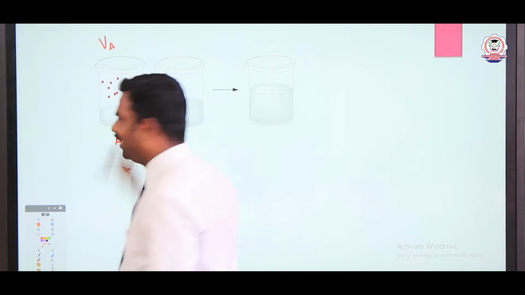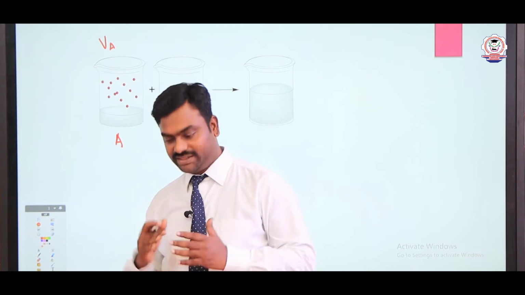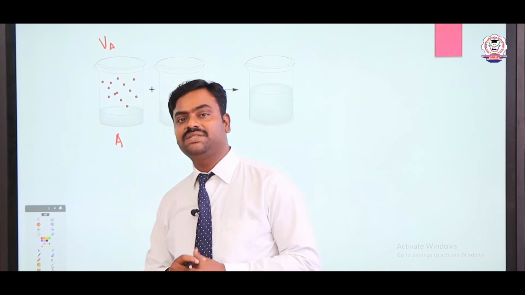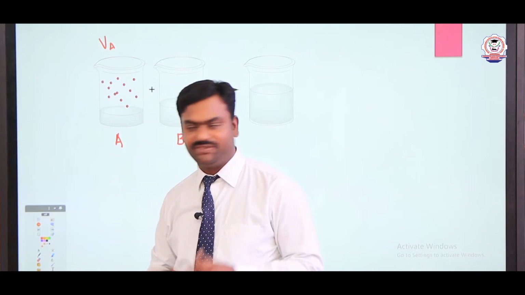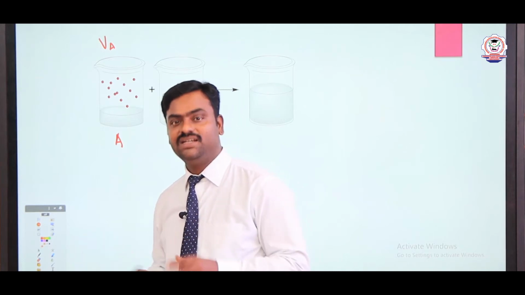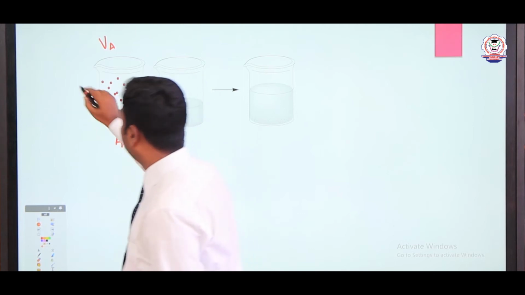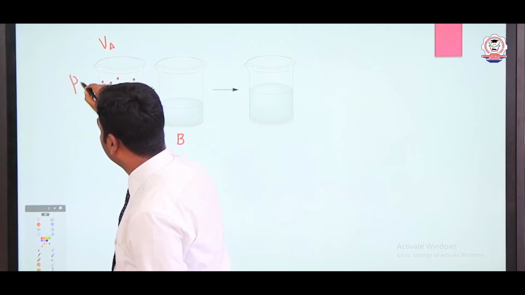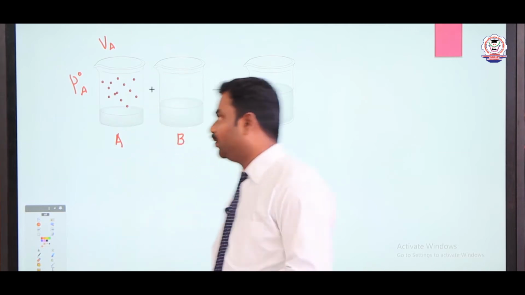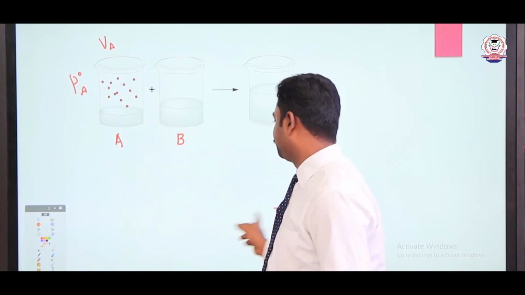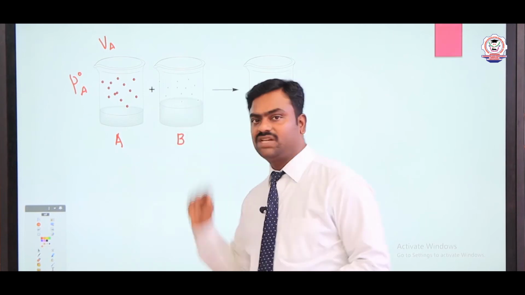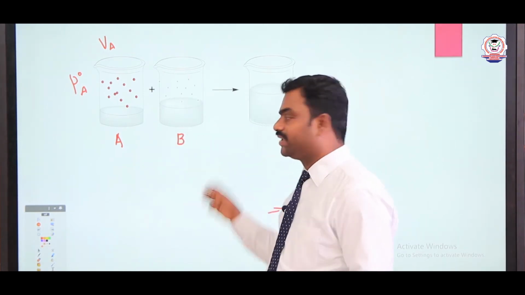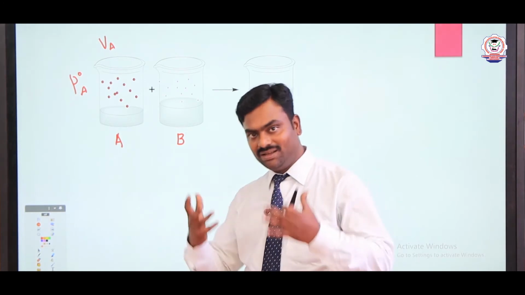VA. And what about the pressure? See, it is exerting some pressure. The pressure must be called P naught A, because it is a pure component. We are not mixing anything here. So, it is a pure solvent. So, we express the solvent pressure as P naught A. What about the next one? In the next liquid, B, it is also creating some vapors above the liquid.